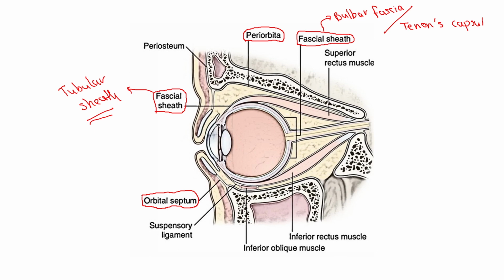Now the orbital septum, highlighted here, is a membranous structure that connects the palpebra or the eyelid, by the way, both superior and inferior, to the bones of the orbit.